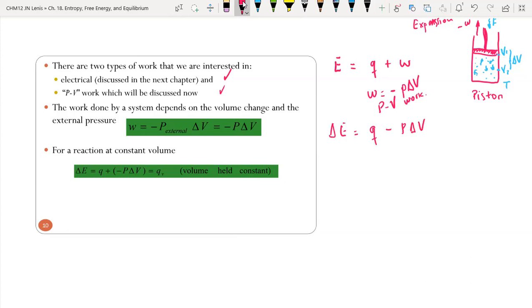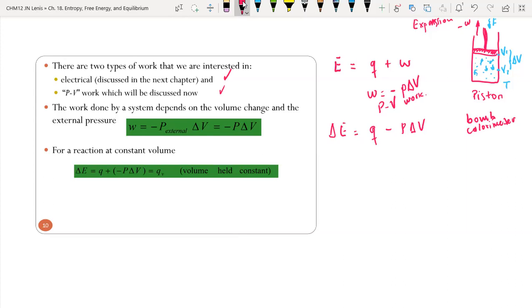But what happens if we don't have a piston? We have something like the calorimeter, something that is called the bomb calorimeter. In the case of the bomb calorimeter, all walls of the calorimeter are fixed. It's not, in this case, that one of the walls is moving up and down.